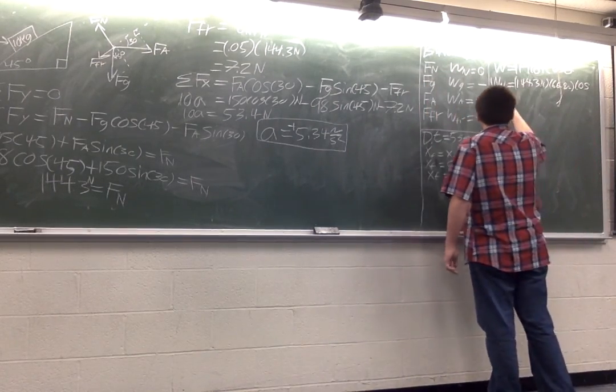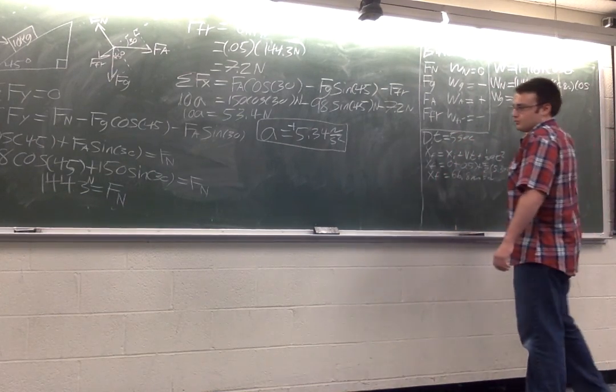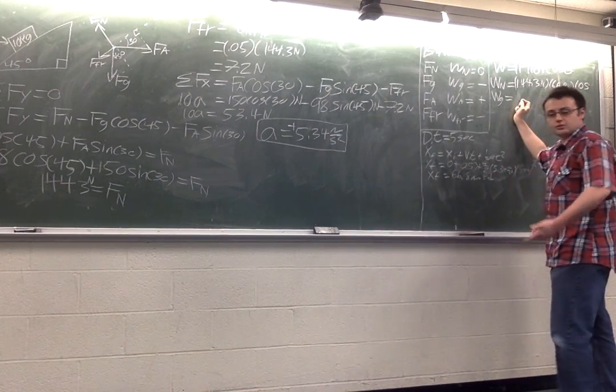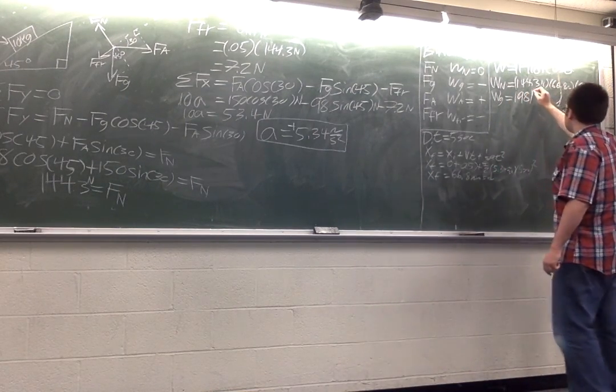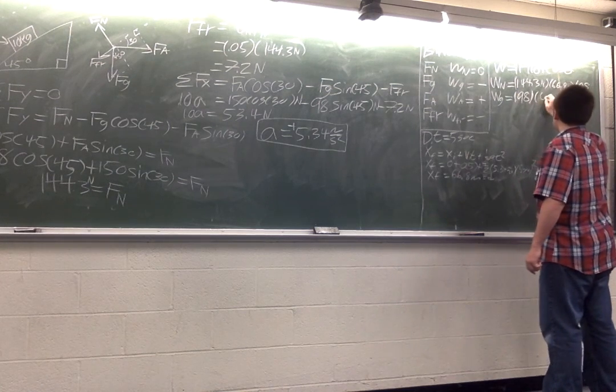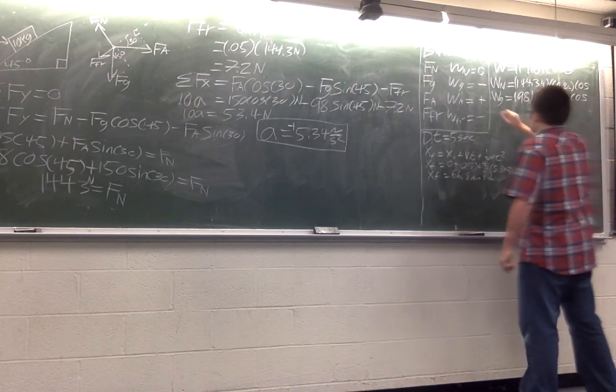Huh, that's weird. So force of gravity is equal to mass times gravity, so 98, times the distance of 66.8 meters times cosine.